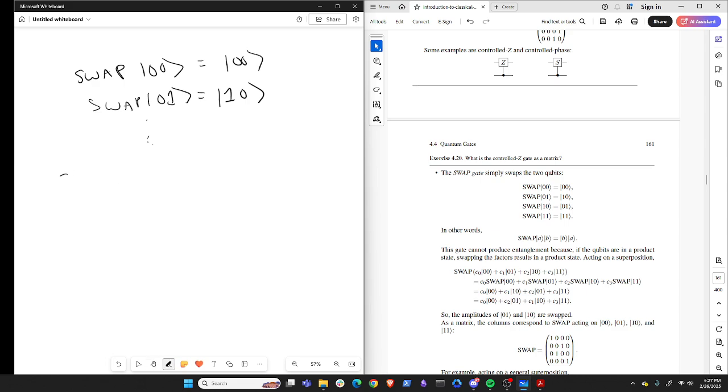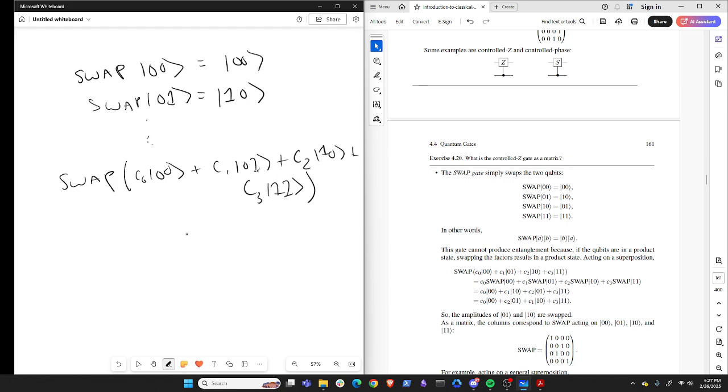So all that it does when applied to this arbitrary superposition with C's for our amplitudes is that it will swap these two.